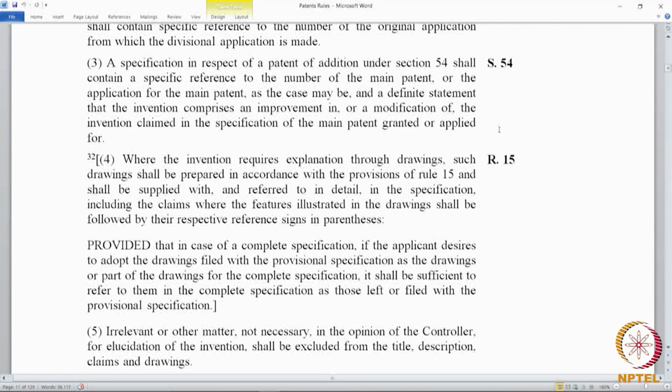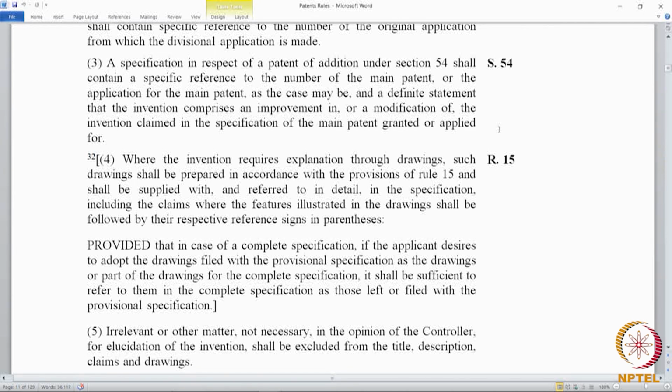Rule 15 deals with drawings, which shall be supplied with and referred to in detail in the specification, including the claims, where the features illustrated in the drawings shall be followed by their respective reference signs in parenthesis. So, the features used in the drawing have to be mentioned in the written part of the specification and the claims.